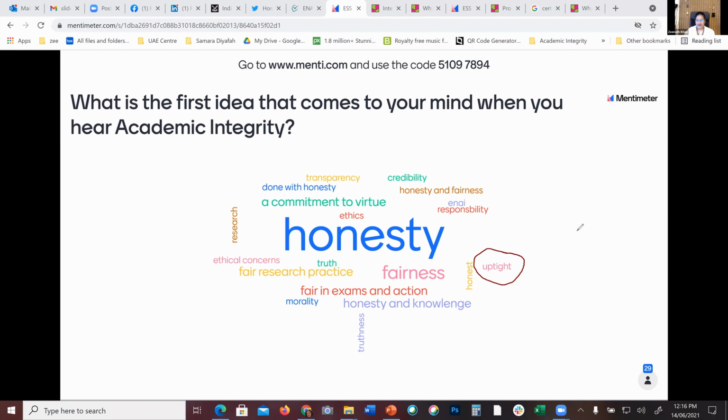Do we have someone, or too shy? Maybe some other participants could shortly say what is behind the word that you put in there, and how do you relate it to the field of academia based on your experiences?